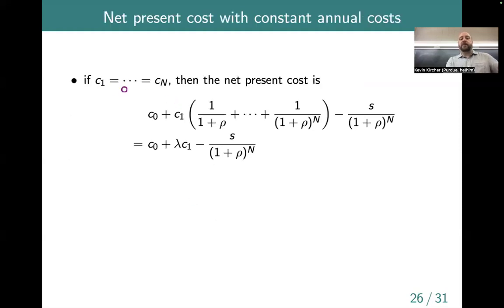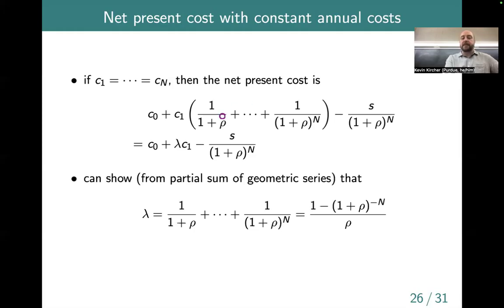But in this special case where all the recurring costs are equal, the net present cost actually simplifies somewhat. We can eliminate all the C2 through Cn since they're the same as C1. And then we just factor out the terms by which we're discounting those cash flows. We can write the term in parentheses as a new variable and call it lambda.